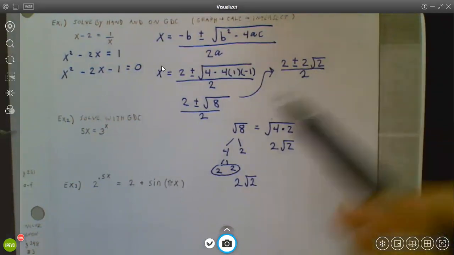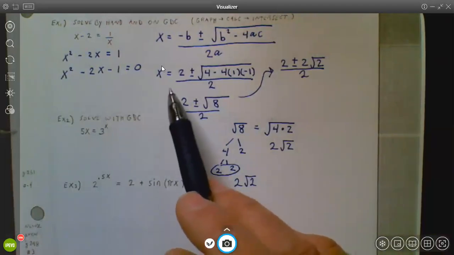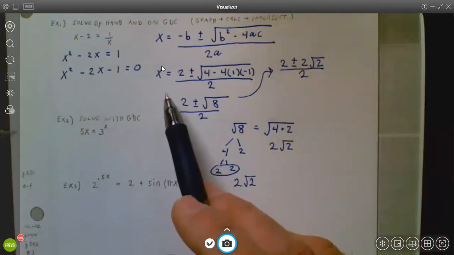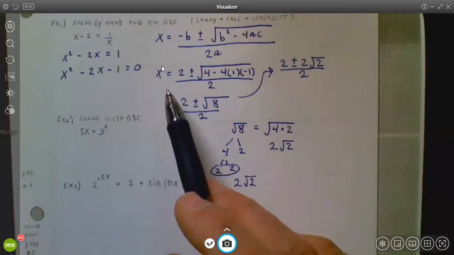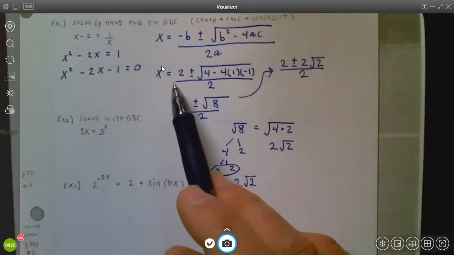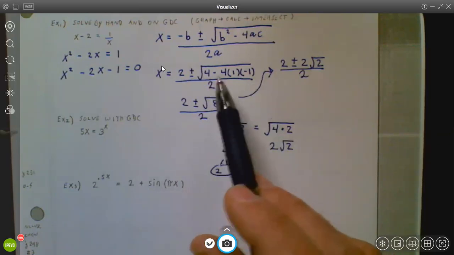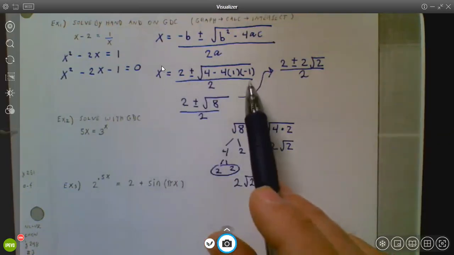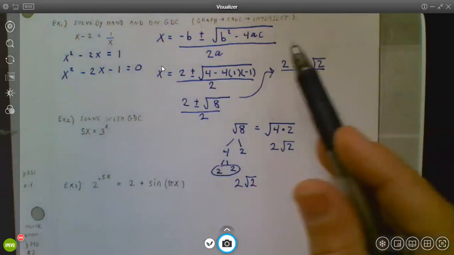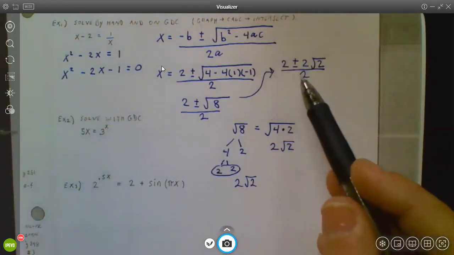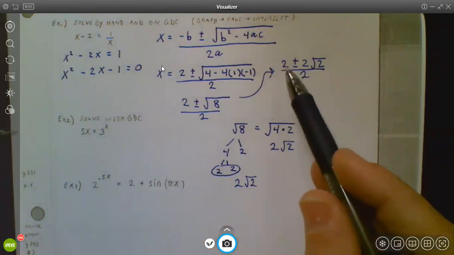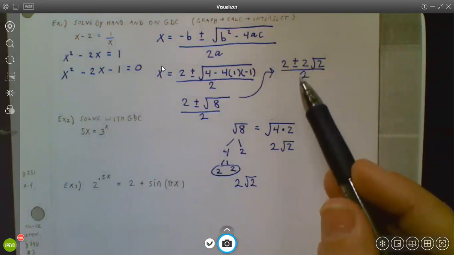When I look at this, whenever you guys first learn quadratic formula, one of the things that your teacher would have probably totally hammered you on is make sure that you draw this fraction bar under everything, not just the radical, but everything. That's important because when I get to this piece right here, I need to recognize that this 2 belongs to everything on top, right? So if I'm going to reduce, you see there's 3 terms here.